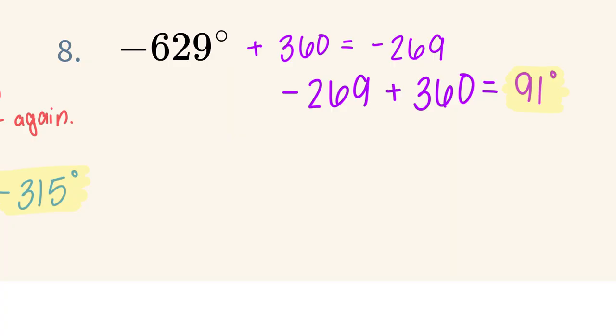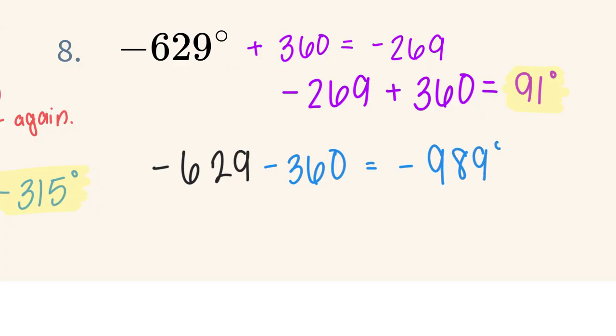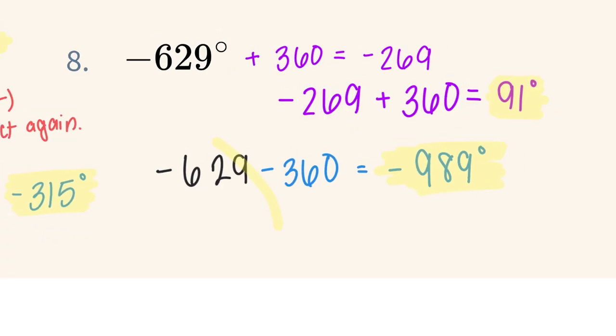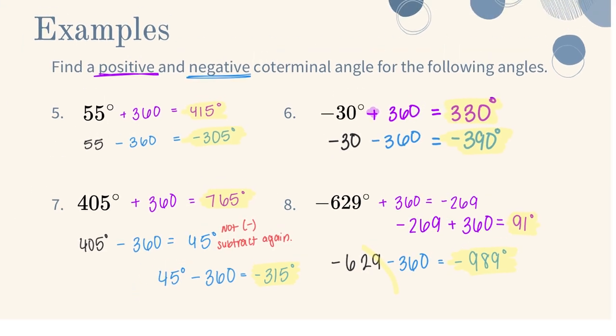Now I'm going to do the same thing, but subtract: negative 629 minus 360. If I subtract correctly, you're going to get negative 989. And because that is negative, that is my answer for my negative coterminal angle. So please make sure you are solving these correctly.